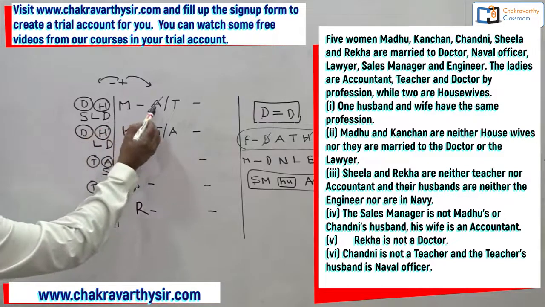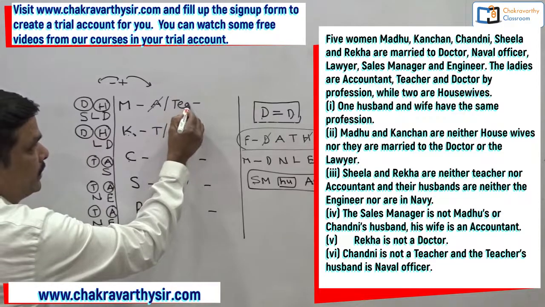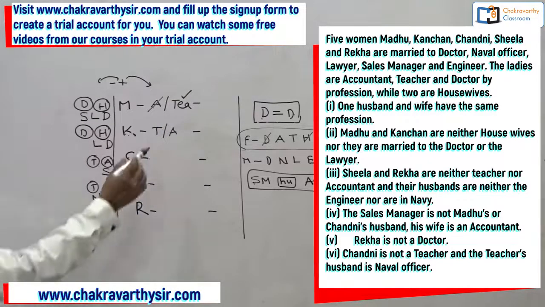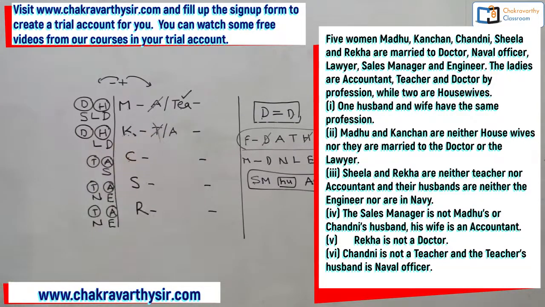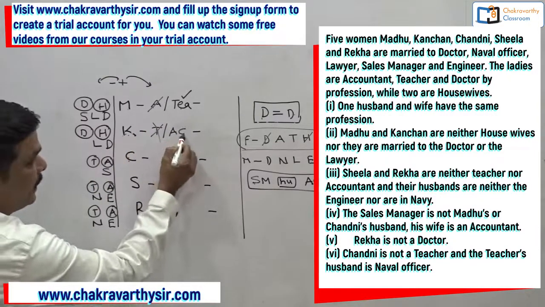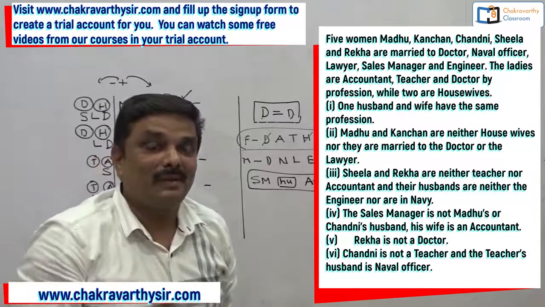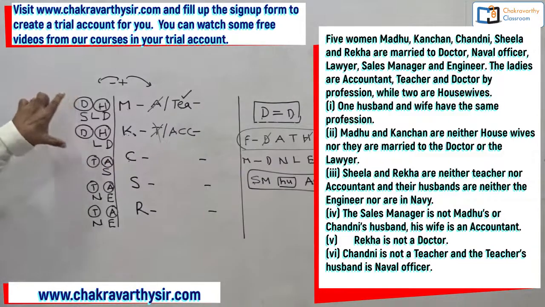When she is not the accountant, she must be the teacher, confirmed. When she is teacher, Kanchan cannot be teacher. She must be accountant. One thing is clear. But students, don't stop here.